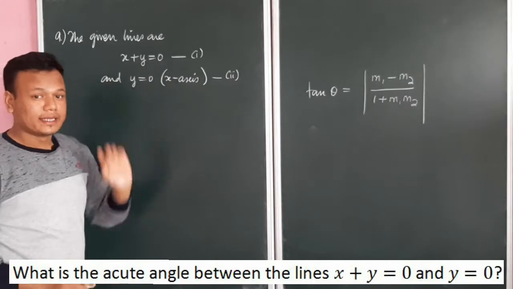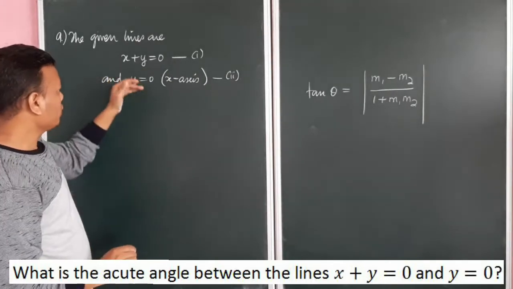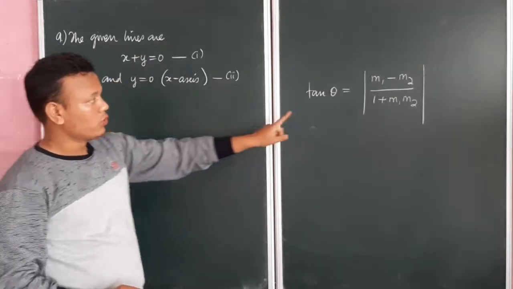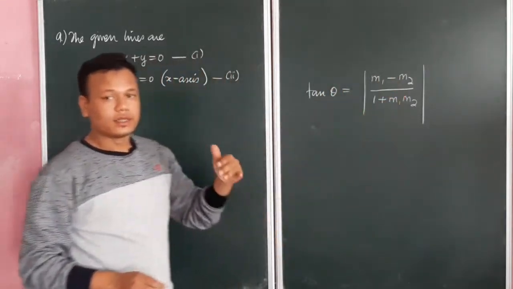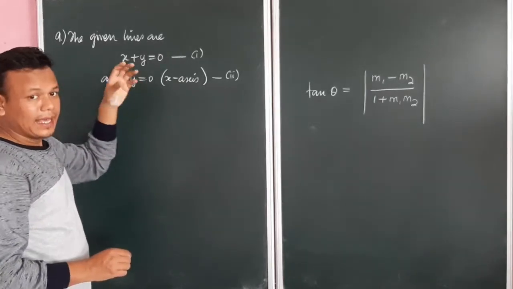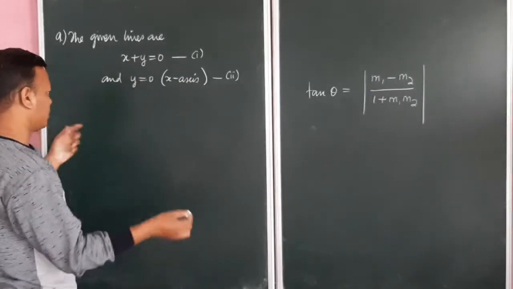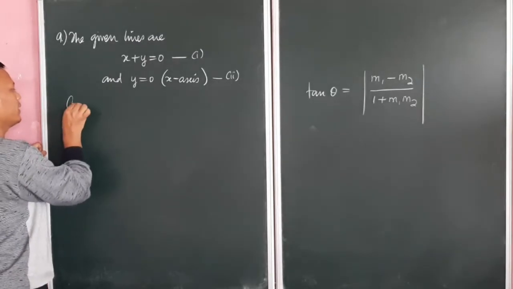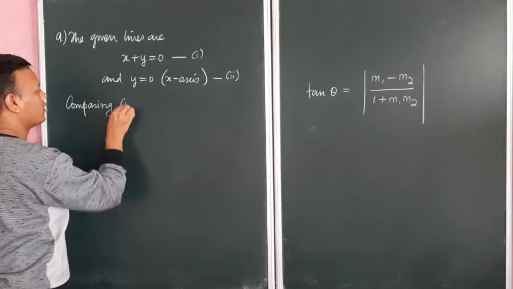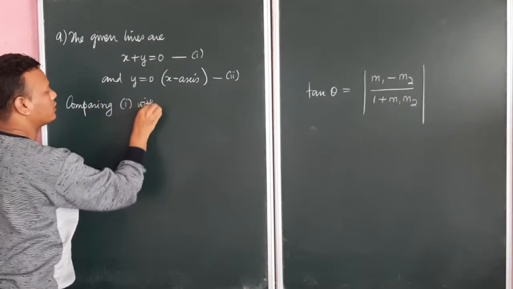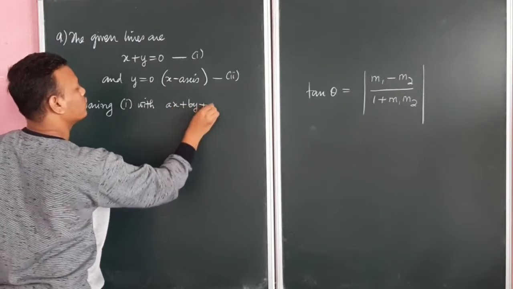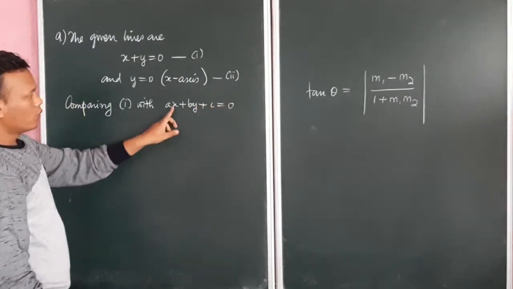In order to find the angle of intersection between these two lines, we need to know m1 and m2, that is their slopes. If I compare equation 1 with ax plus by plus c equals 0, what is the coefficient of x here?